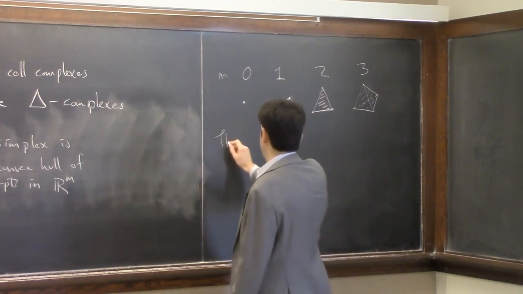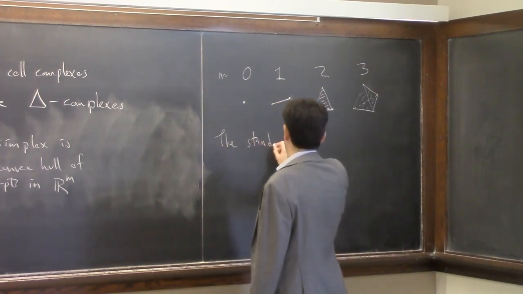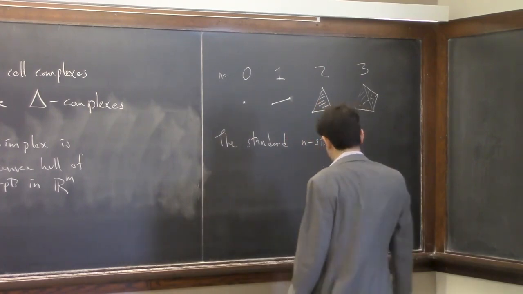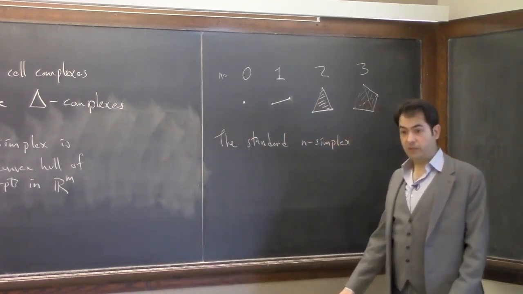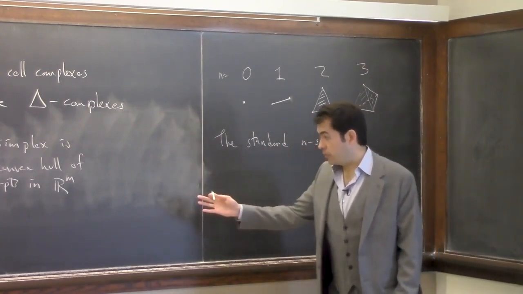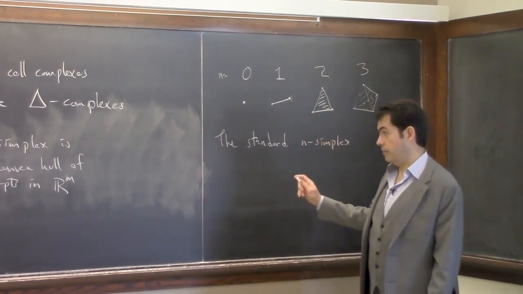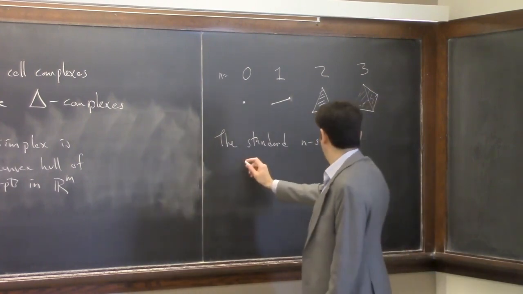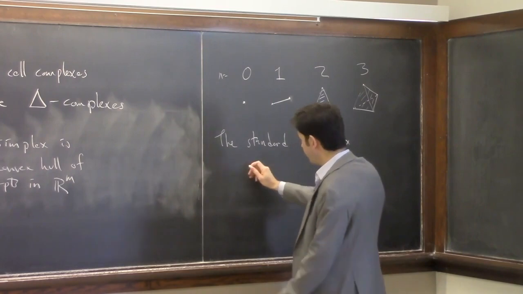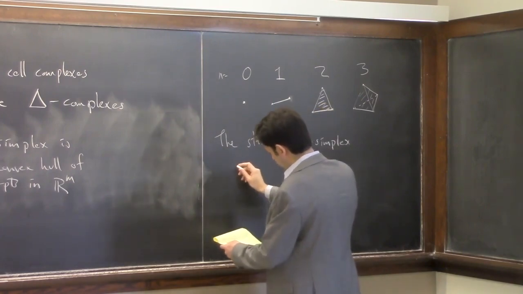There's the standard n simplex. So here we're just going to take n plus 1 points in R^(n+1). We're just going to take the standard basis. So let's write it like this.